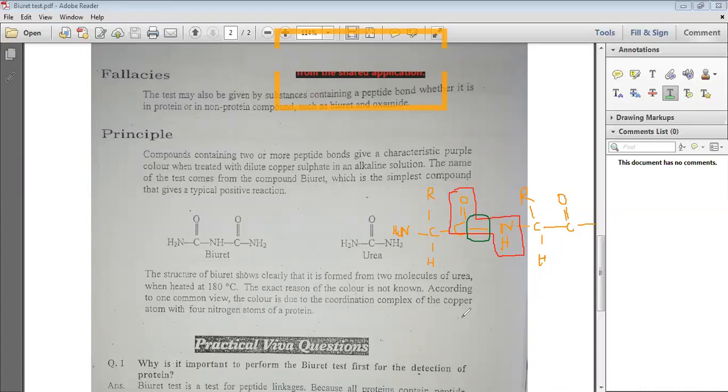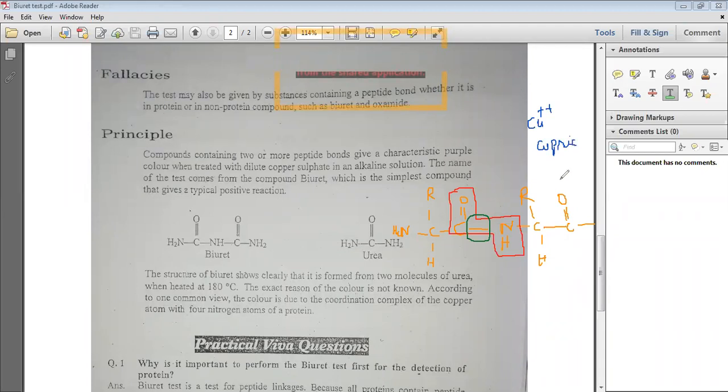And when we add the biuret reagent in a protein sample, it would have copper sulfate, and copper sulfate would provide us the cupric ion, Cu2 plus. This cupric ion is very sensitive for the peptide bond.